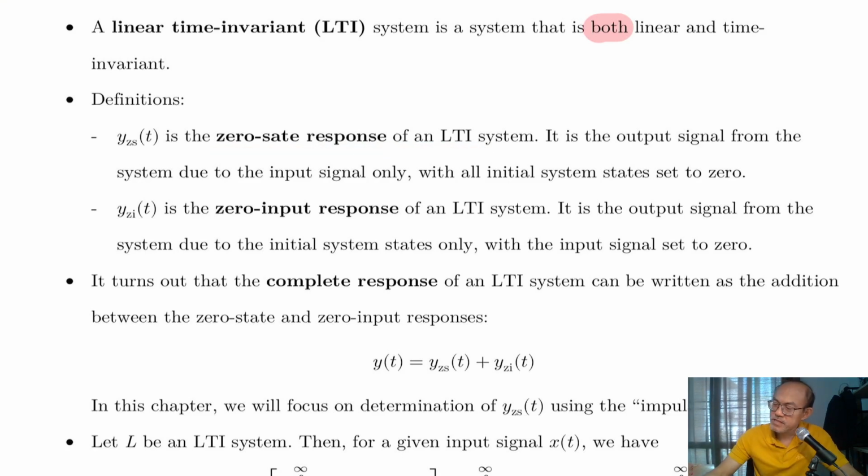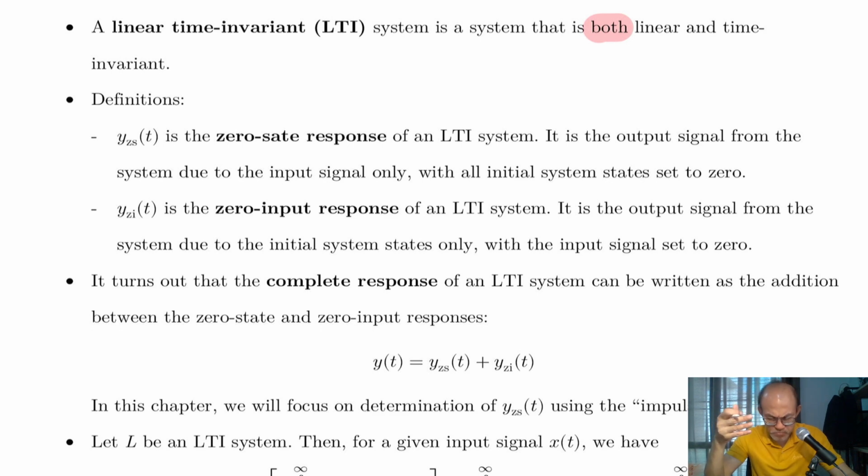It is the output signal from the system that is due to the input signal only, with all initial system states set to zero. Now, what are system states? For example, if you're looking at an RC circuit, a system state of that RC circuit may be the initial voltage across the capacitor.